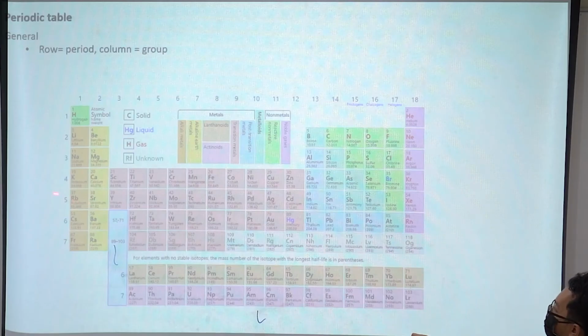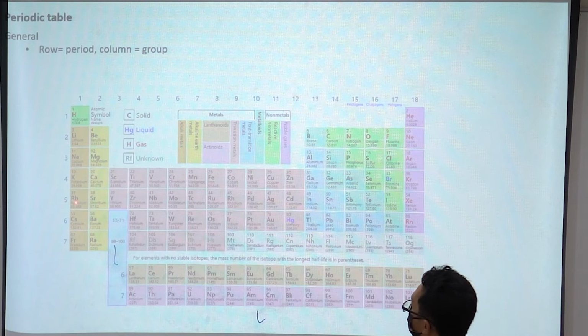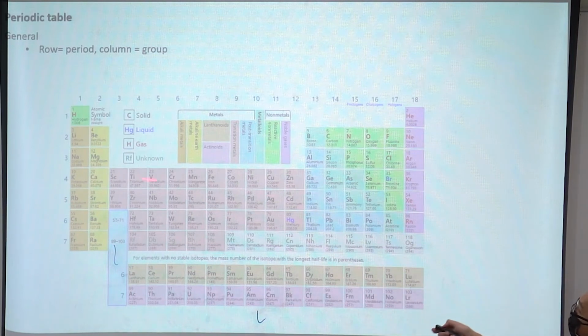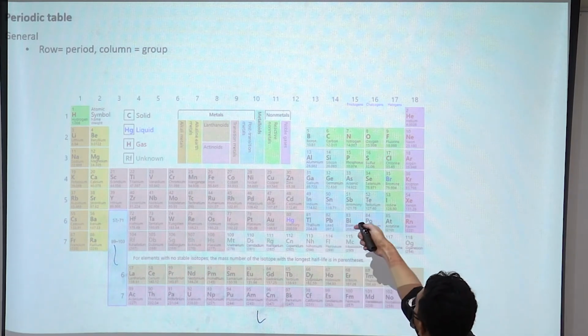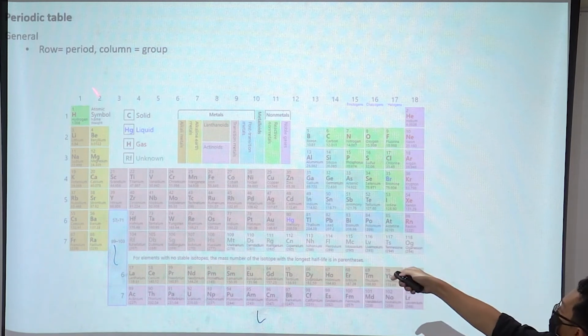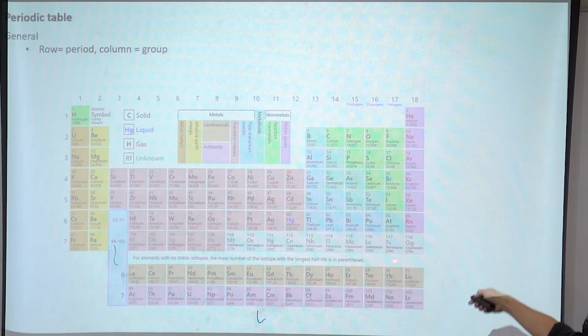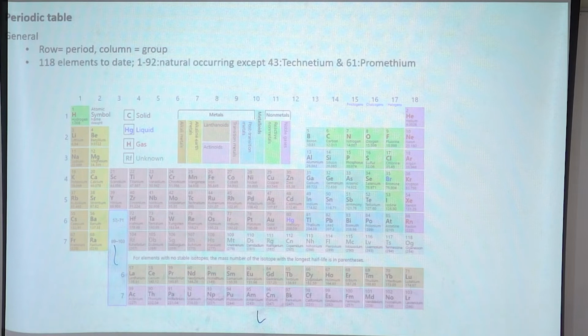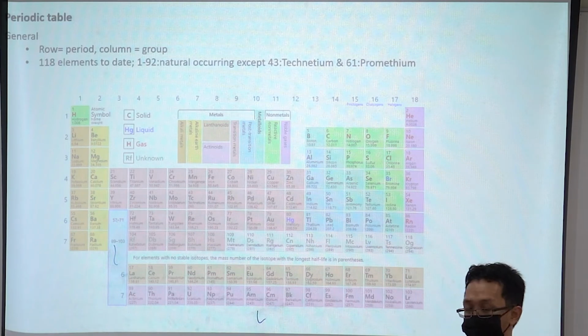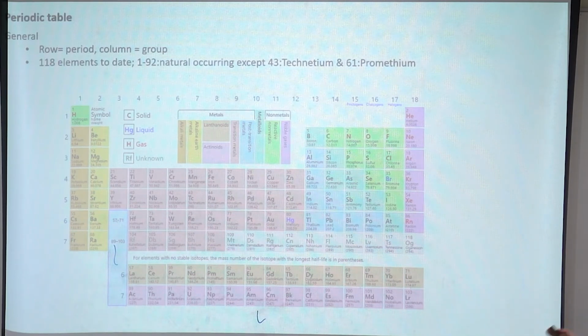This is the 5th period, from rubidium to xenon, and then the 6th period, and then the 7th period. There are only 7 periods in the periodic table. And the column here we call a group. So this is group 1, group 2, group 16, group 17, and so on. There are 118 elements to date.